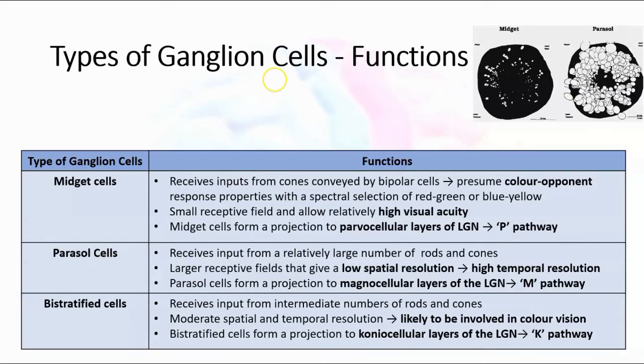Midget cells receive inputs from cones conveyed by bipolar cells that presumably have color opponent response properties with a spectral selection of red-green or blue-yellow. According to De Monasterio and Gouras in 1975, midget cells have small receptive fields and allow relatively high visual acuity.